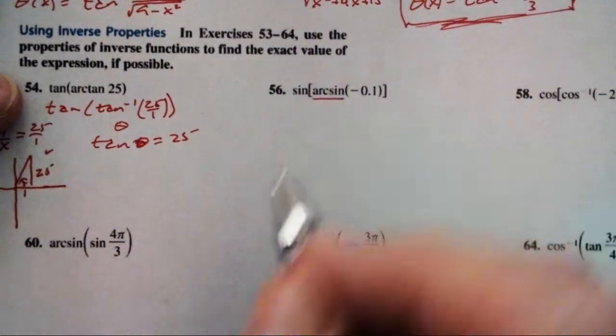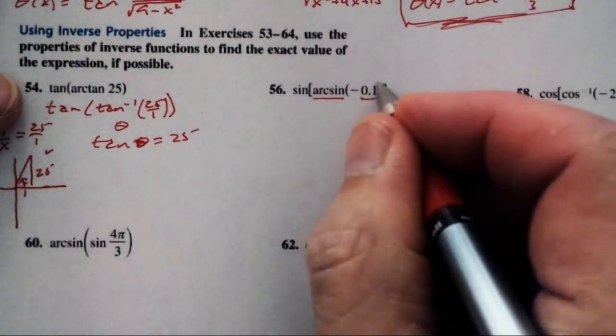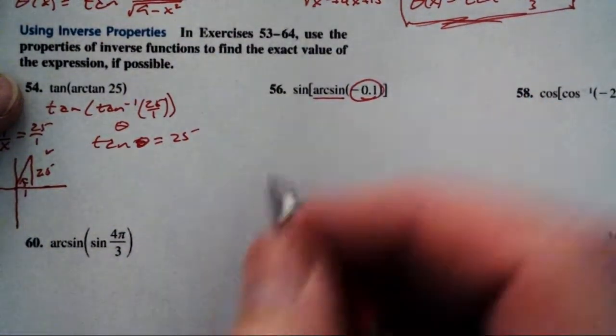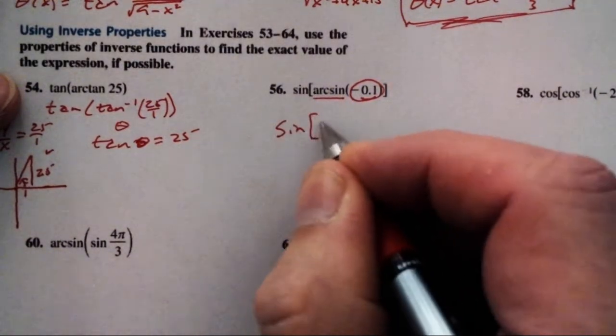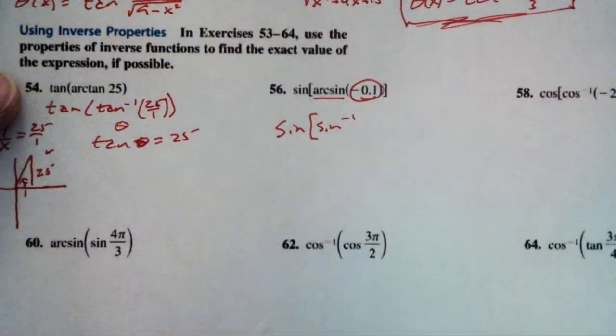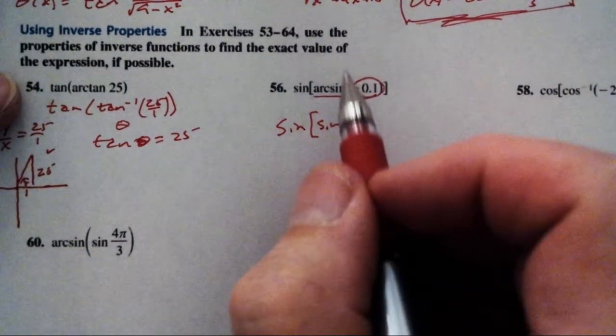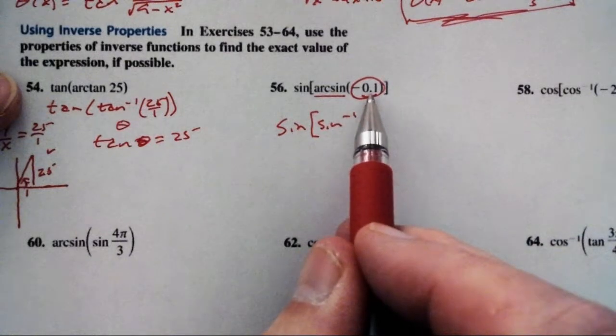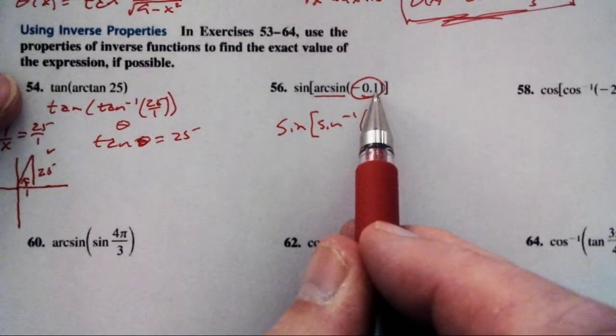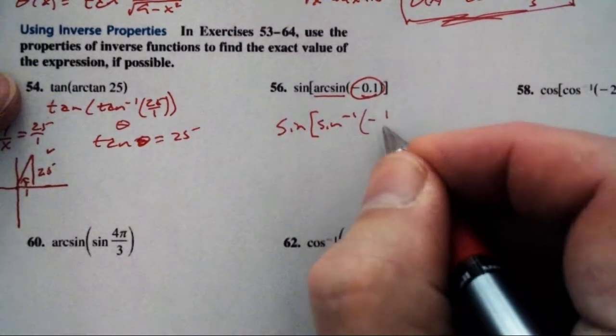Okay, what goes into inverse functions? Ratios. So when I get a decimal, I'm going to write it as a ratio. Sine inverse of, forget about the negative for a second, before you were ever allowed to call this 0.1, you would have called it 1/10.